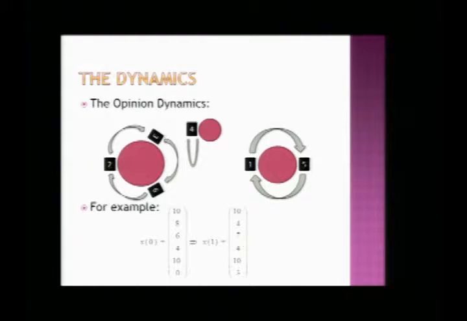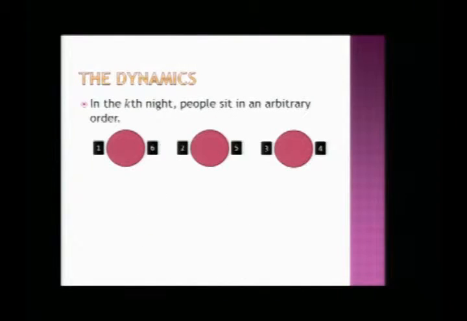That should be x_j, sorry. For example, here you see 1 and 5 will average their opinions, right? Here you have 10 and 10, so they will be 10 and 10. And the 4th person will remain the same, and the rest like this. Believe me, that's correct.